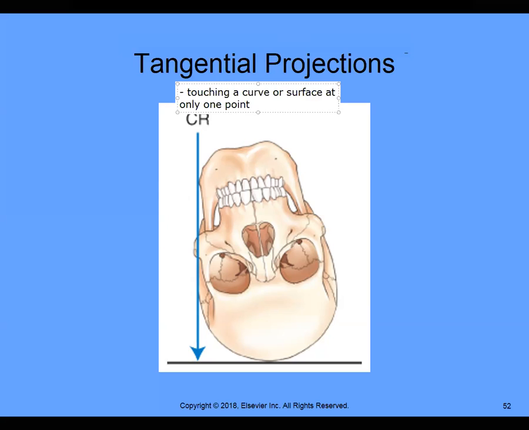And the picture they put on here is of a skull, and it's a tangential projection of what we call zygomatic arches, or in easier terms, the cheekbone.